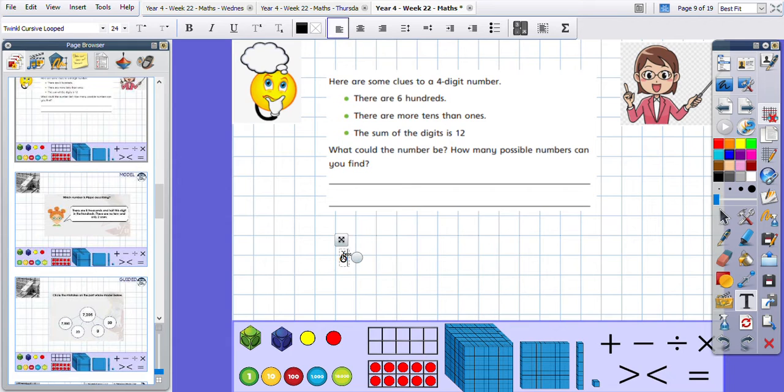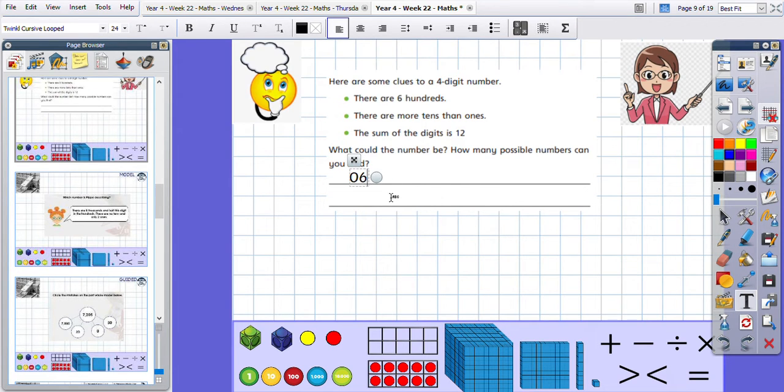Okay, so we know we've got to have 6 hundreds. We know we've got to have more tens than ones, and the whole amount has to equal 12. Well, we've got 6 there already. There are more tens than ones. Oh, well, I can't do that, can I?